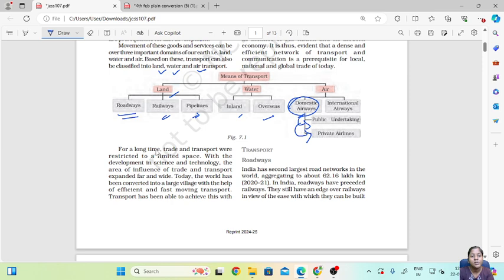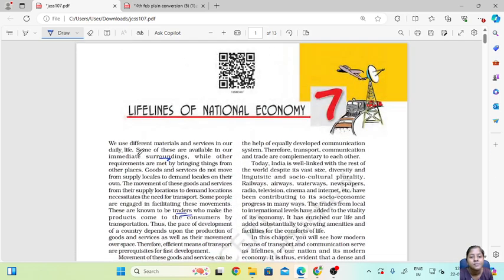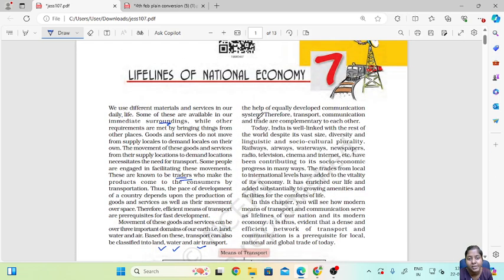Now, with the fast development of science and technology, trade and transport have expanded over time. Today the world has been converted into a large village with the help of efficient and fast moving transport. Transport has been able to achieve this with the help of an equally developed communication system. Therefore, transport, communication and trade, as I said earlier, are complementary to each other.